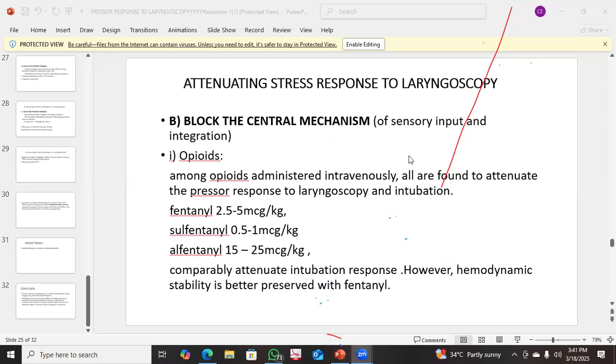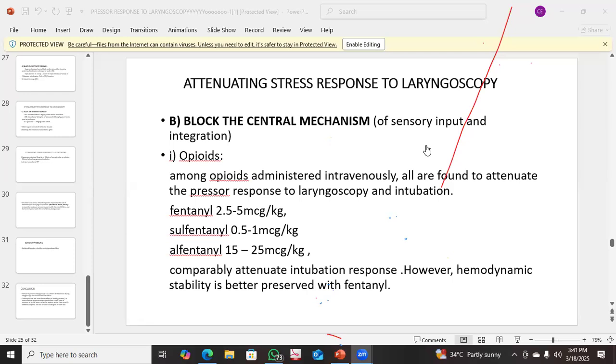In the development of Miller's straight blade, it goes straight and lifts the epiglottis directly, allowing for visualization. But it comes with the setback of a high chance of touching the posterior part of the epiglottis that could trigger those responses as you've explained, because the posterior part of the epiglottis is well innervated by the parasympathetic nerves, the glossopharyngeal and vagus, like you've rightly said.